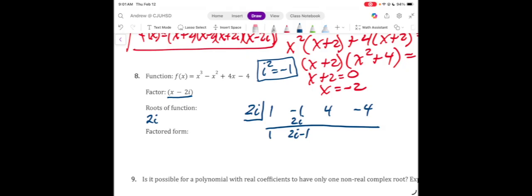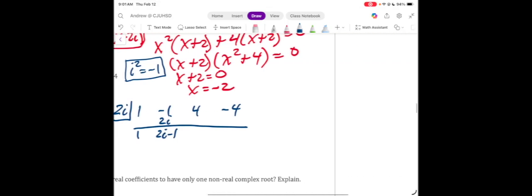Now, we're going to multiply that times 2i, but we'll have to distribute it. So off to the side, 2i times 2i minus 1. You're going to bring it in. It will be 4i squared minus 2i.